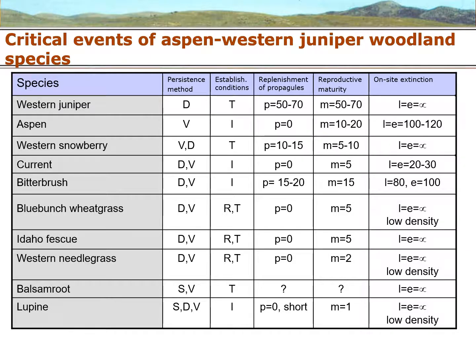But you can see how you really can look at a list like this, and just looking at the life history traits or critical events in these species lists, you can get an idea of who is going to be the winners in the seral development, successional development.